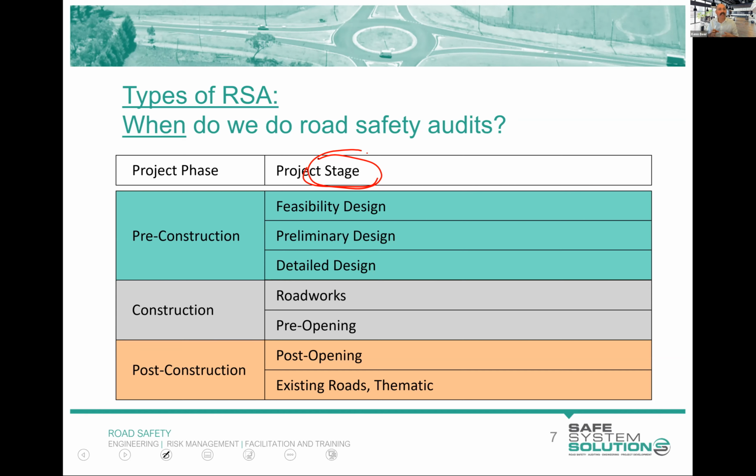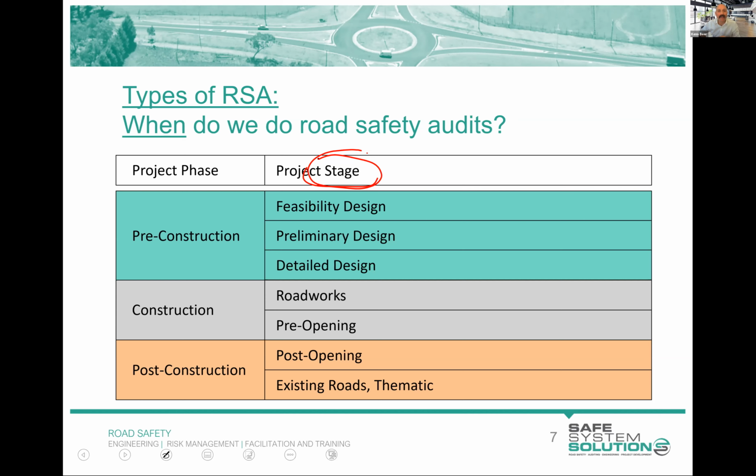And that's a preliminary design stage or concept design stage audit. Then they do the full detailed design set, and they get the long sections, the cross sections, the drainage plan, the pavement plan, the signals plans, all of these, lots and lots of detailed stuff. And that's your detailed design audit when you get all of that stuff.